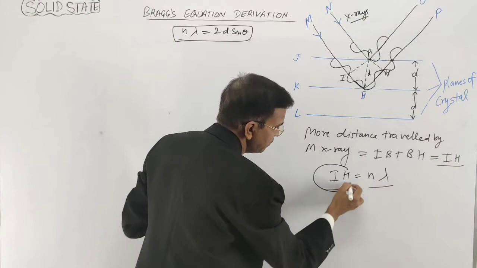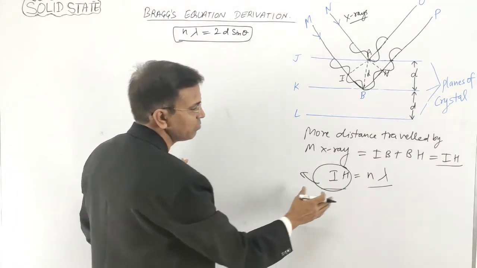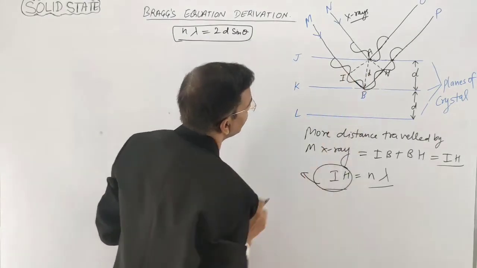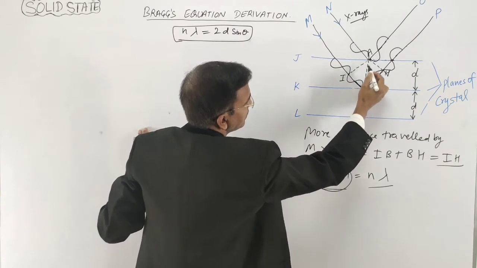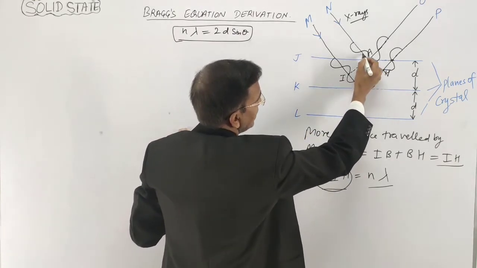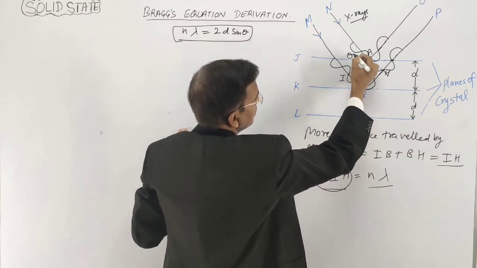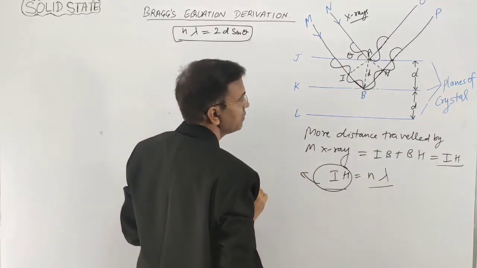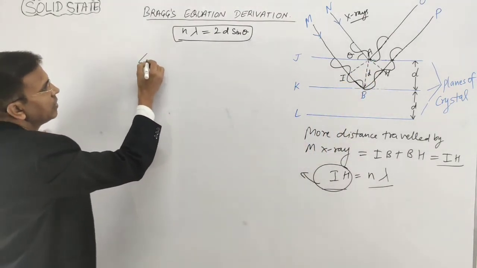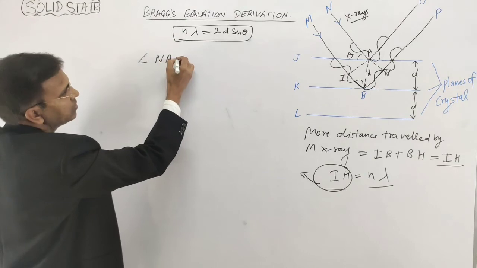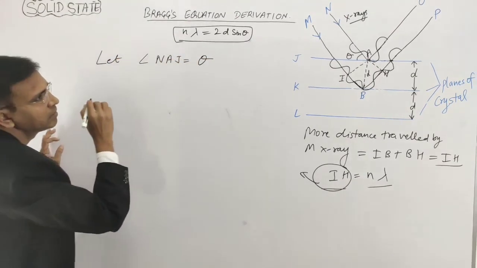Right? Now the value of this IH, if you are going to calculate this IH, then in this triangle made here, let this X-ray be incident at angle theta with the plane, then the angle NAJ is equal to theta, right?